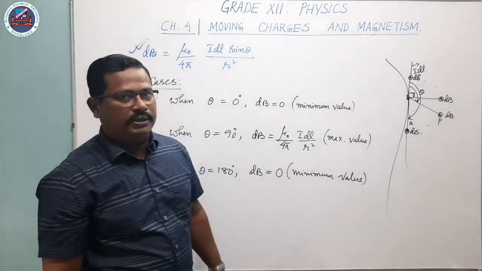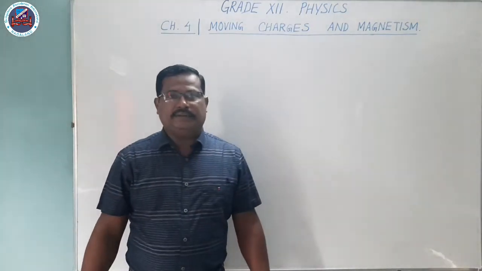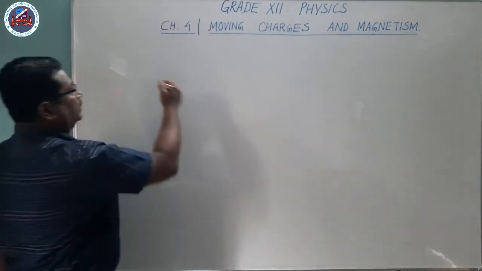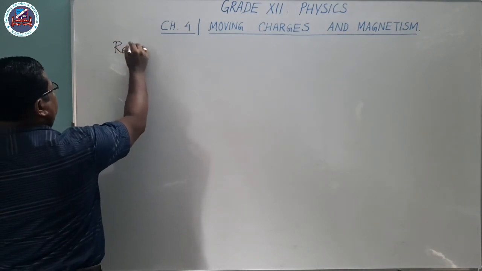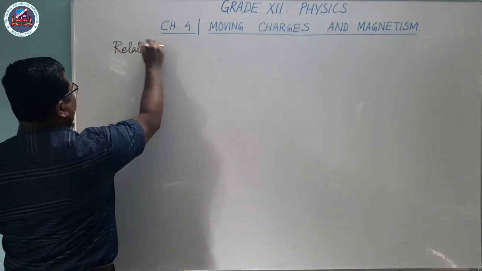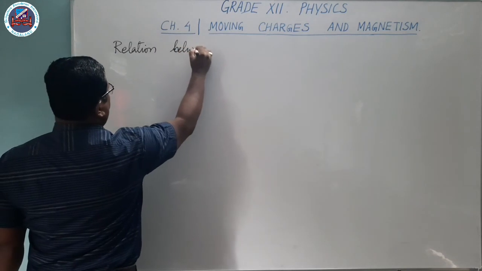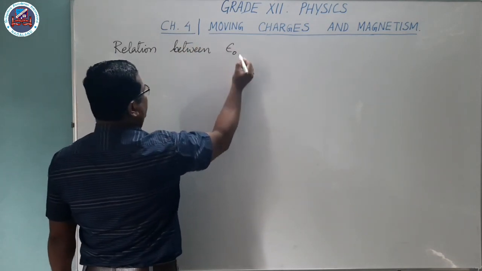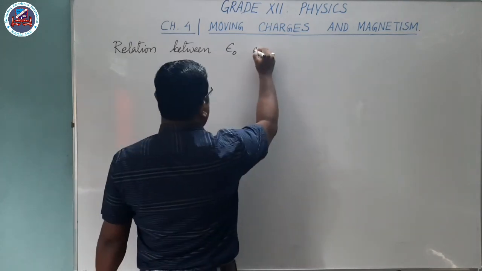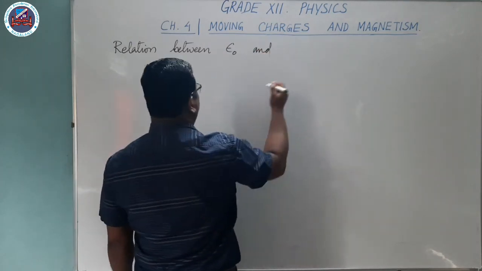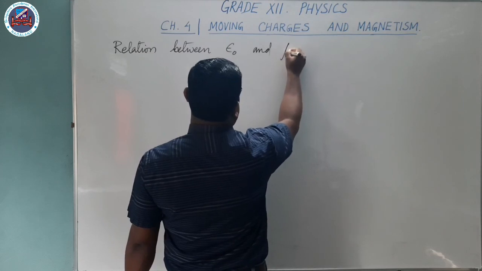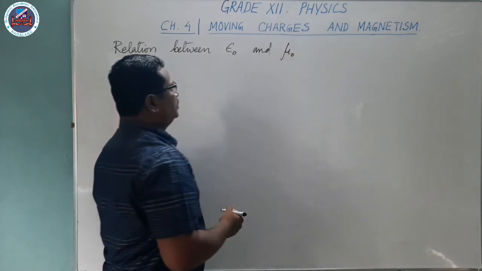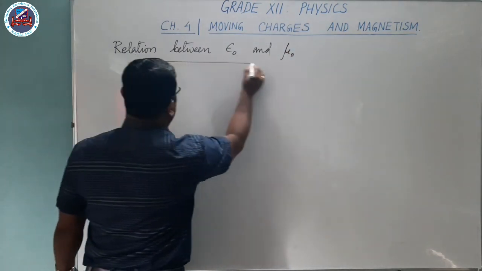There exists a relation between permittivity, that is your electrical permittivity, epsilon naught, and permeability, that is magnetic permeability, mu naught. Let us see the relation between them.